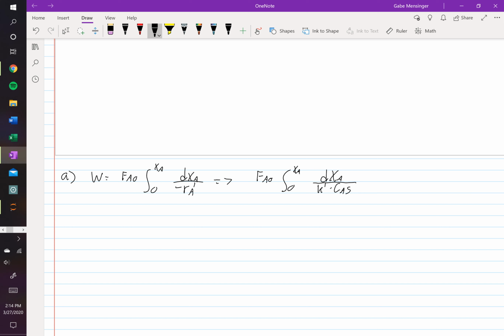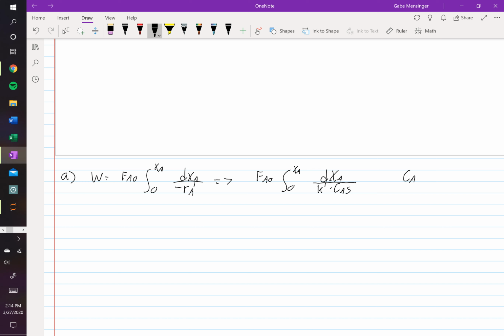But we don't want to leave this in terms of the concentration on the surface, because it's much easier for us to solve when we know the concentration in the bulk. So we don't want it in terms of CAS, we want it in terms of CA instead. So how can we get it in terms of CA? Remember that in the problem it mentioned that it is external mass transfer limited.